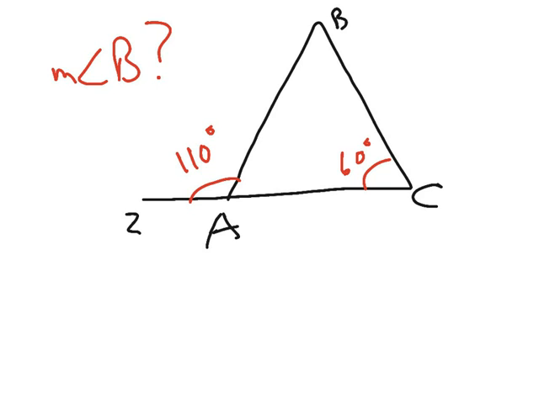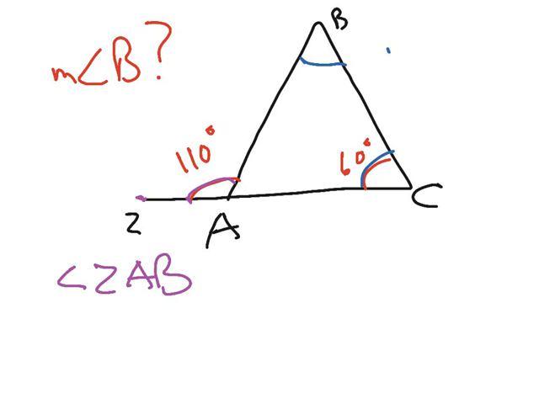We have a couple of things here. We have triangle ABC. We also have this point Z that's out here. If you look at angle ZAB, it's 110 degrees, and we call that an exterior angle. If you were to go look at your theorem list right now, you would discover that there is a theorem that talks about how the exterior angle has a relationship with the two remote interior angles, which are here.